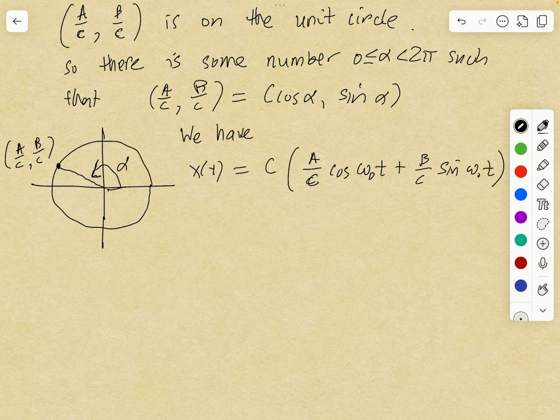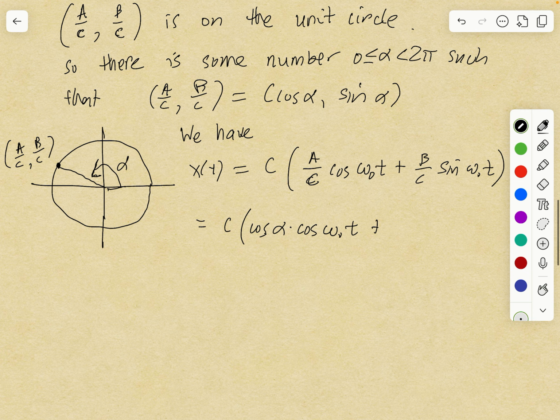And A over C is cosine alpha, B over C is sine alpha. So this is C times (cosine alpha cosine omega naught t plus sine alpha sine omega naught t).